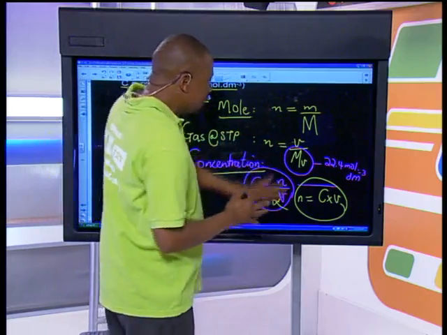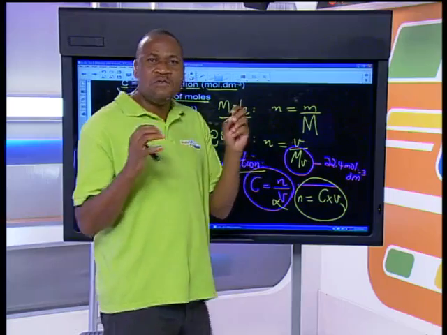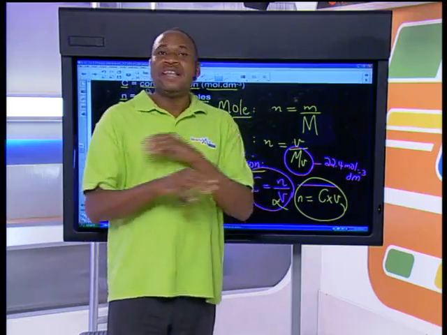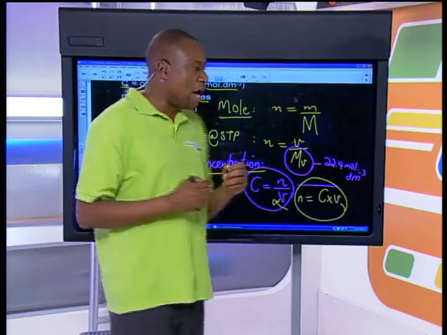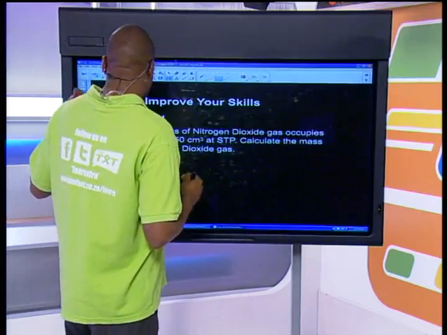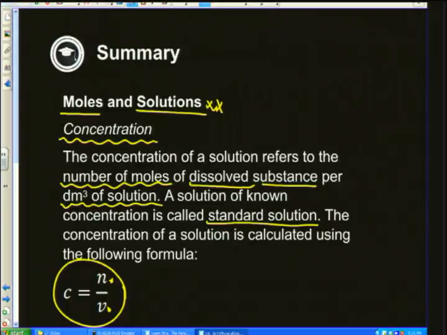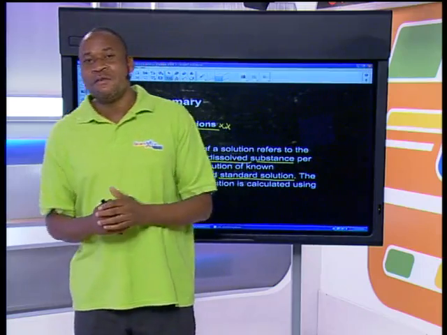So all these apply. In other words, when you're solving problems that involve moles, think about any possible way of working out those solutions. I want to leave you at that point, and when we come back, we're going to look at some questions and see how to answer questions based on what we are doing today.